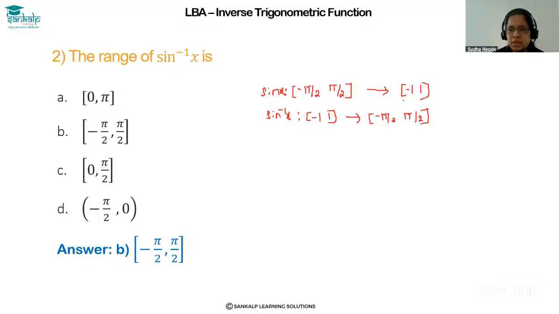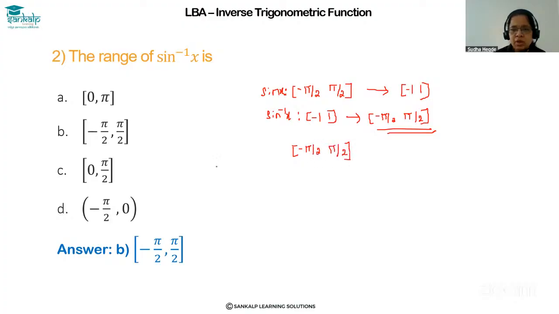So you are interchanging the domain and codomain of sin x. Therefore, since it is onto, the codomain is the same as the range. Therefore, the range of sin inverse x is minus pi by 2 to pi by 2.